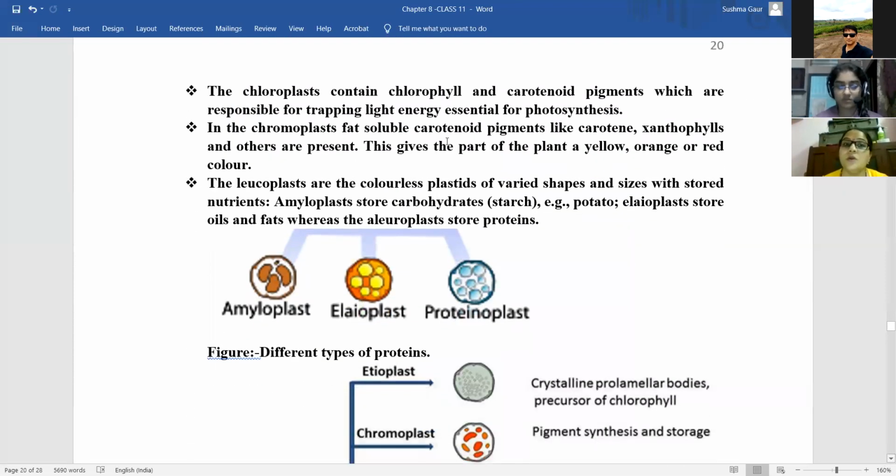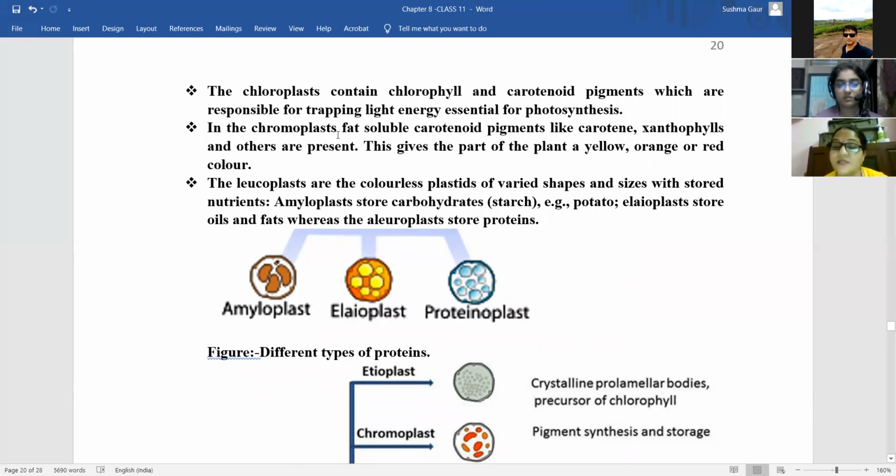Okay, so what does the chloroplast consist of? They consist of chlorophyll and carotenoid that are responsible for trapping the light energy that is essential for photosynthesis. That's why the process of photosynthesis occurs in the leaves, because they consist of chlorophyll and carotenoid. They trap the light energy and produce food by photosynthesis.